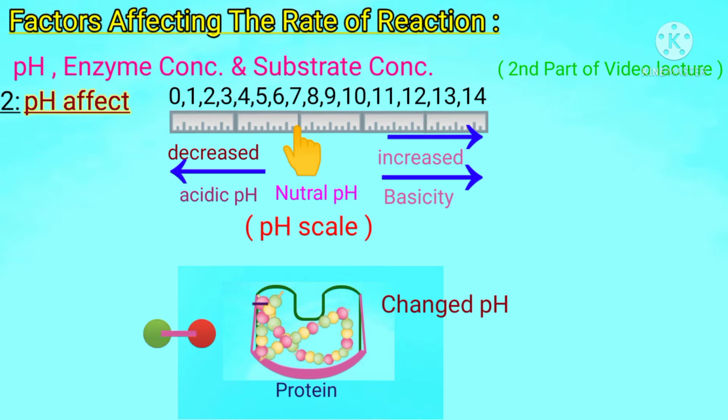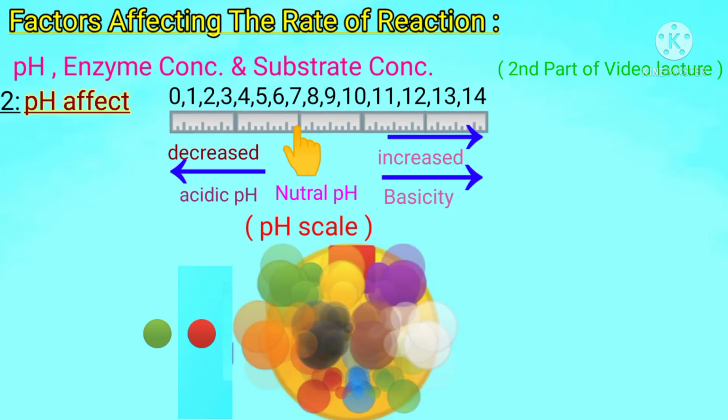So a bond between the amino acids may break, that will lead to a process known as denaturation that I have described during the first point in my last video. So after denaturation, the whole enzyme will be destroyed, change its shape, and will not be able to perform any catalytic activity. So the main effect of pH upon the enzyme is that it will change the ionic property of the enzyme. That is a horrible issue.